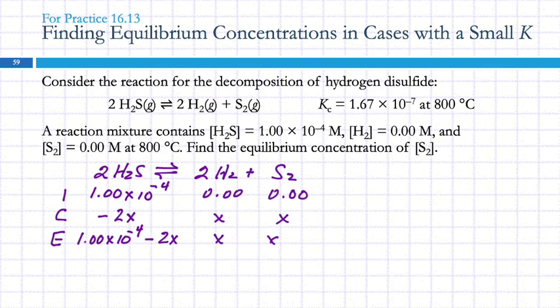And so when we plug these into our equilibrium constant expression, we are going to have X squared, that's the hydrogen, times X, the sulfur, divided by 1.00 times 10 to the minus 4 minus 2X squared.